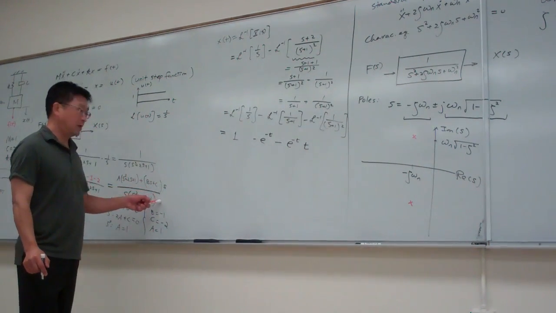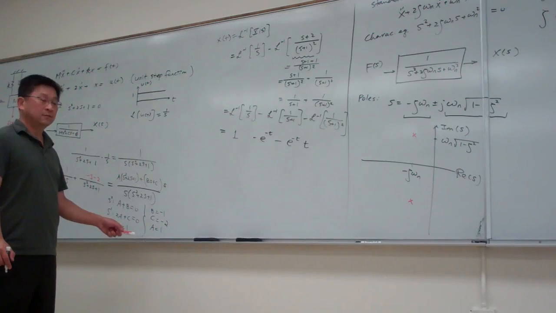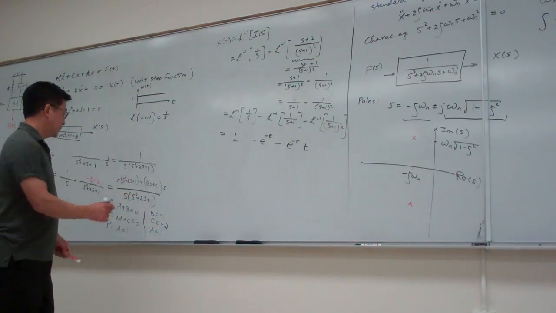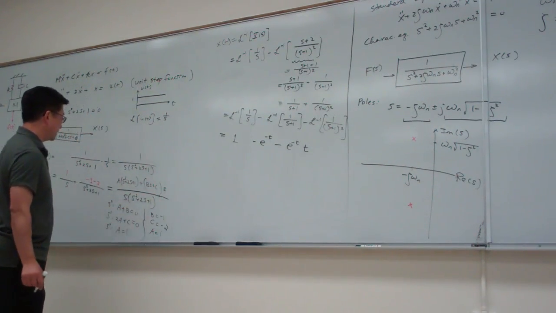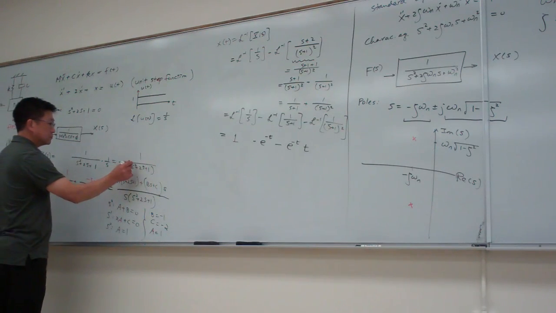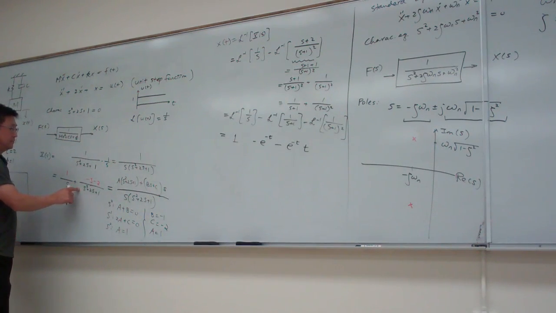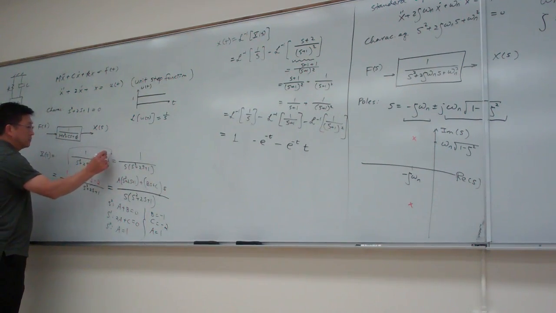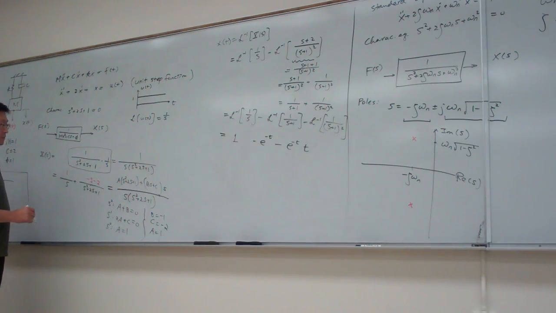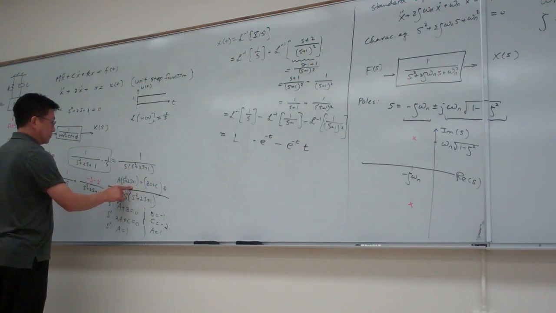Where? Here? Yeah, that's not right. This is not right. So where's the mistake? Because when you do the partial fraction decomposition of that, it should be A over s plus B over s plus 1 plus C over s plus 1 quantity squared.